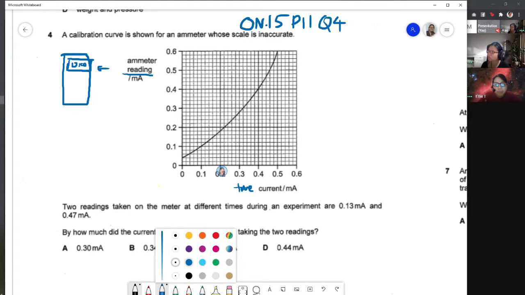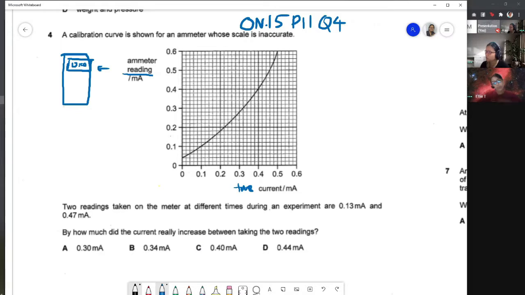Okay. So two readings taken on the meter at different times: 0.13 mA and 0.47. So this one is the reading shown on the screen. So you draw a dotted line there, you see. So the dotted line is drawn. What is the change in current?